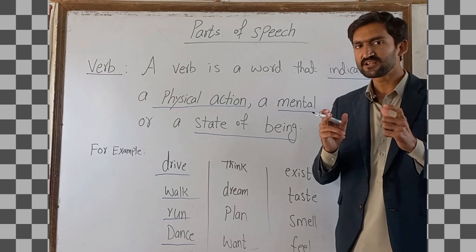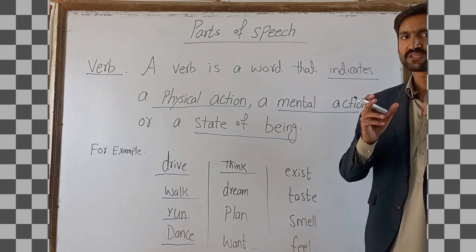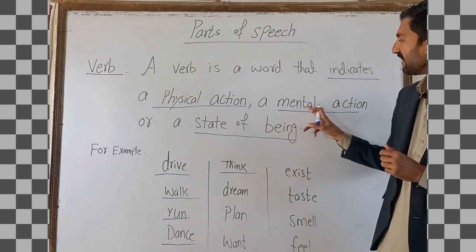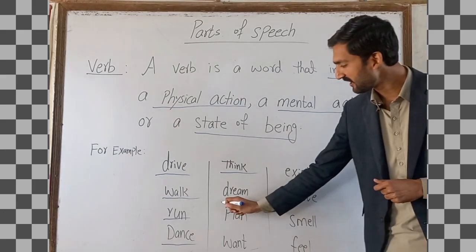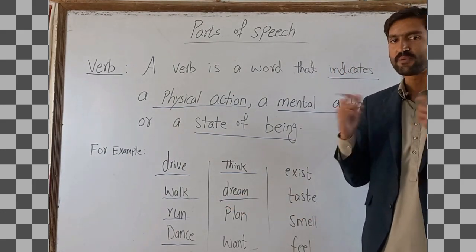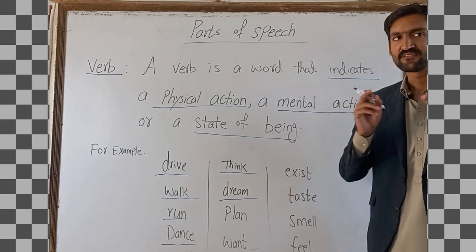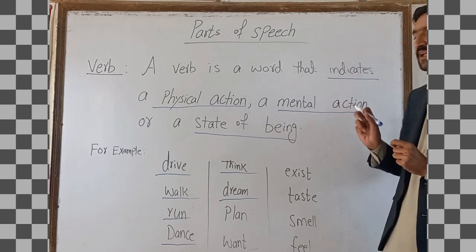In mental action, the first and major one is think. Whenever you think, it's a mental activity, and mental activity is linked with the verb as well. Further we have dream. Whenever you go to bed and start dreaming at night, dream is also a verb and it is considered a mental action.